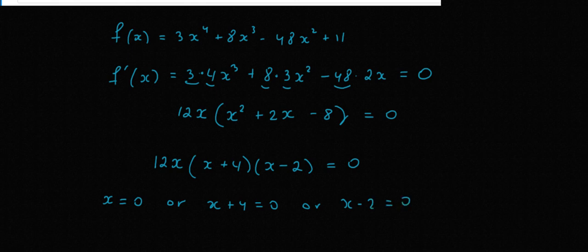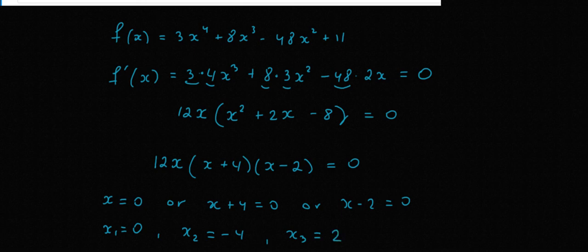And so accordingly, we get our critical points. The first critical point is 0. The second critical point is -4. And then the last critical point is +2.